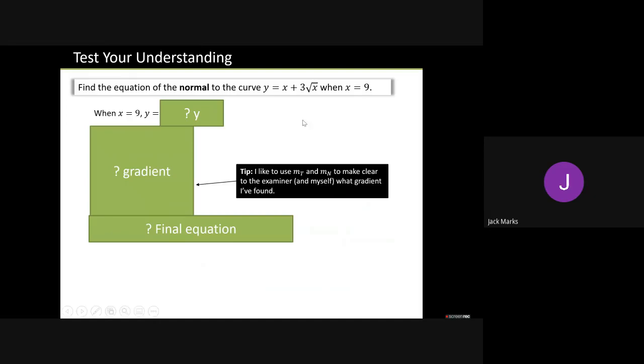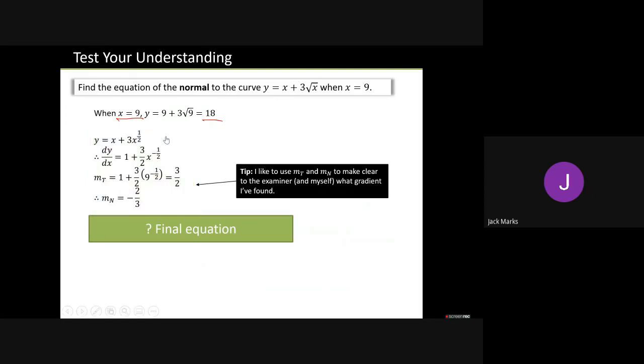Okay, so I'm assuming you've done that. Here they've started with the coordinate this time. So we're trying to do everything from when x equals 9. The corresponding y is 18. Just the gradient now. What have they chosen to do? So they've chosen to differentiate here, to plug in 9 and to find the gradient of the tangent.